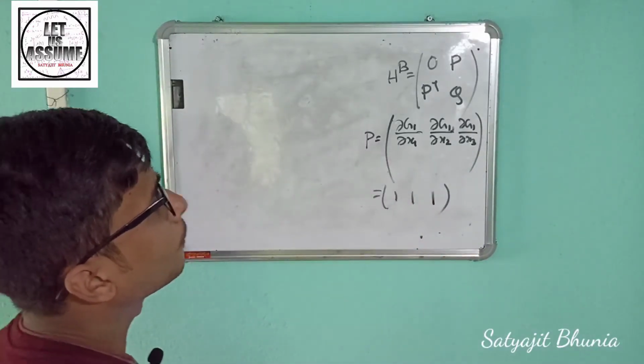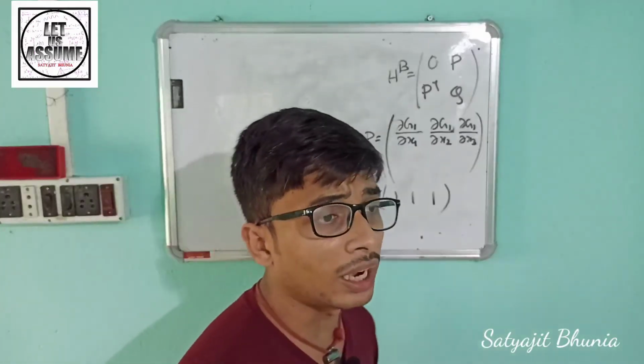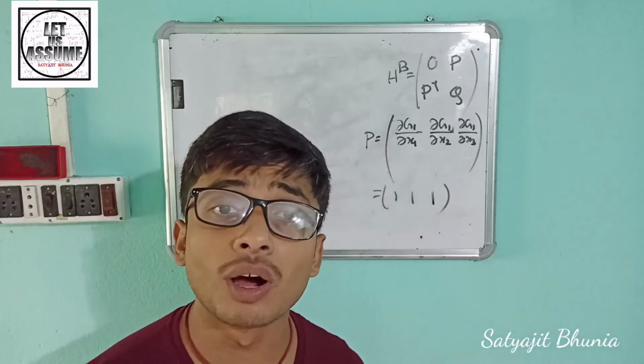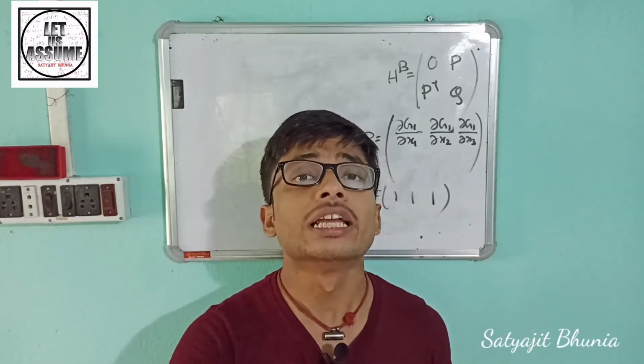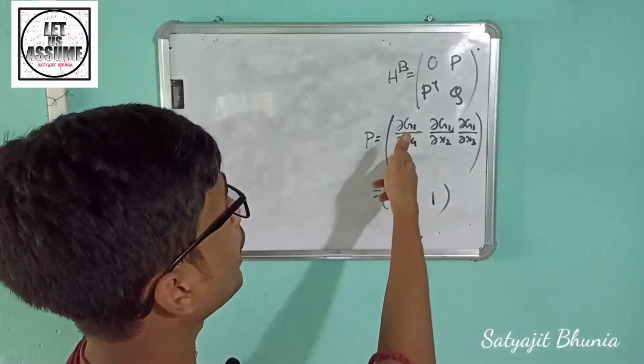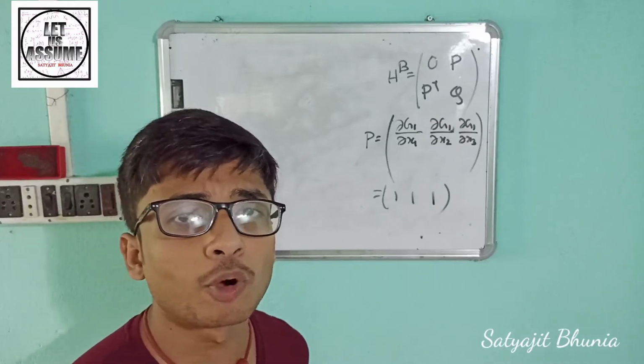Therefore the P matrix is 1 1 1. We have to find the value of the P matrix or Q matrix at the point 6 2 3. Here all the partial derivatives are constant, so there is no need to put in the point.